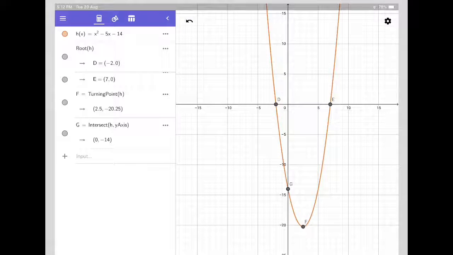Now, consider this parabola. Using the same equation I solved earlier, and using a graphing calculator for this parabola, I am finding the roots. You see the two roots of this graph: one is minus 2, 0, and the other is 7, 0.